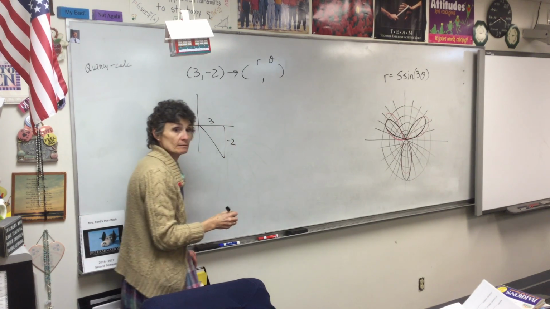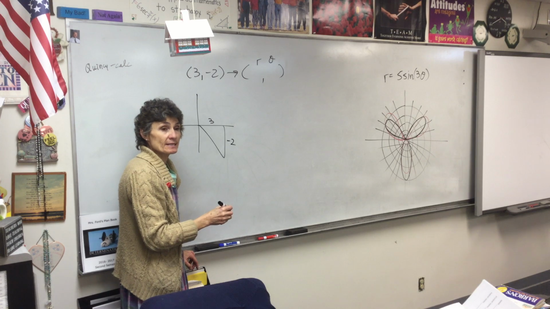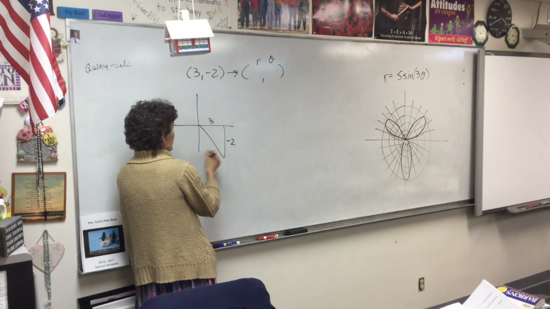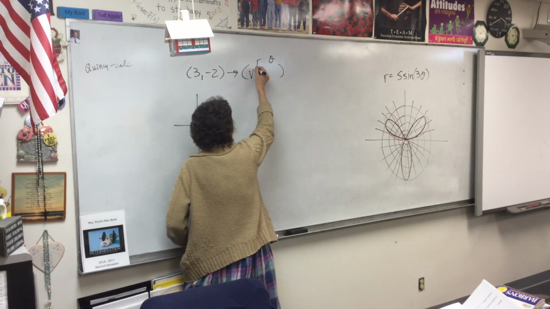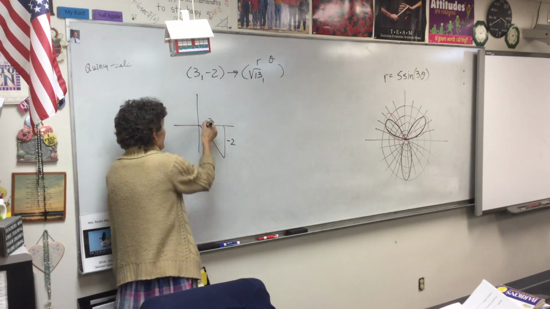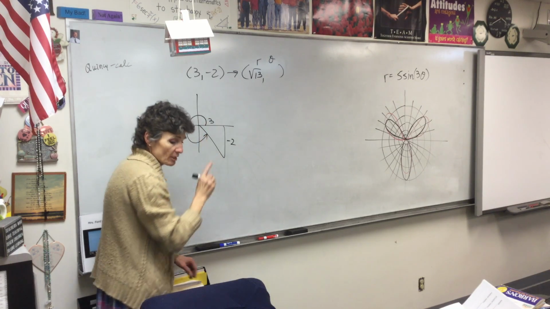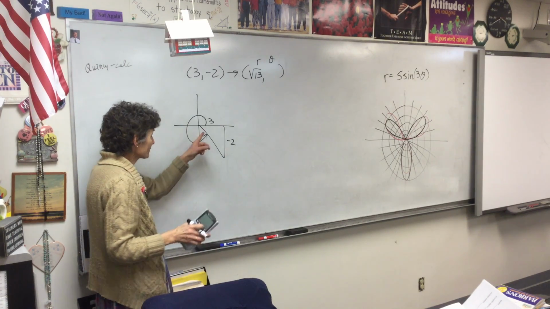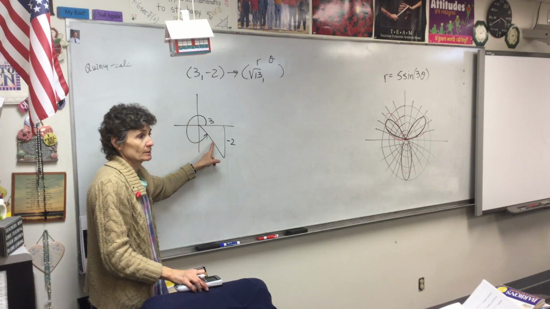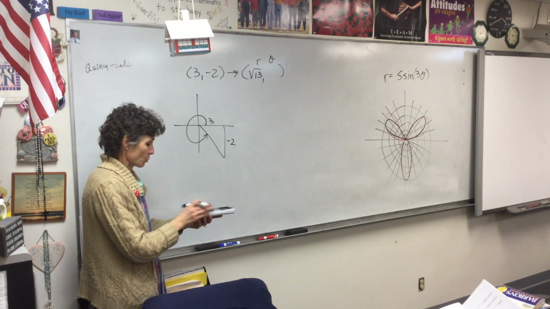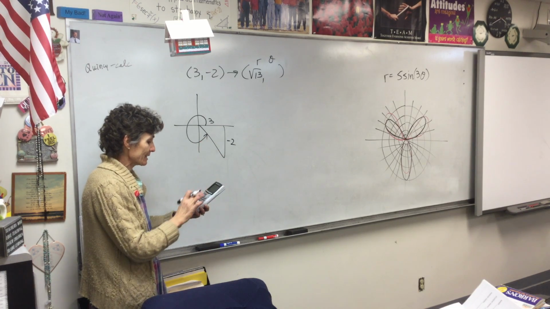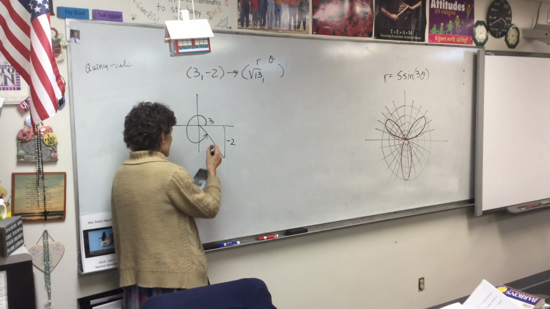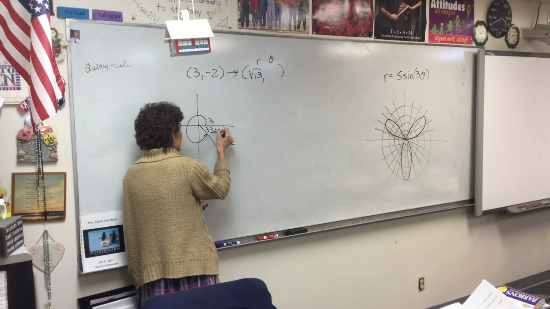So boys, we paying attention? Okay. R will be √13. This is theta. This is going to be a mistake that some of you make because you're not paying attention. This is theta. So I'm going to find this one by inverse tangent of 2/3, which is 33.69.